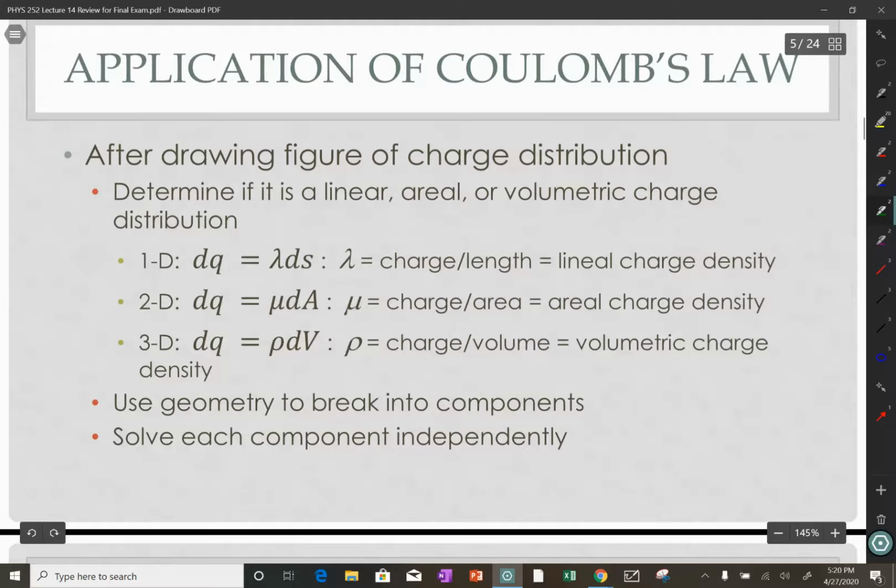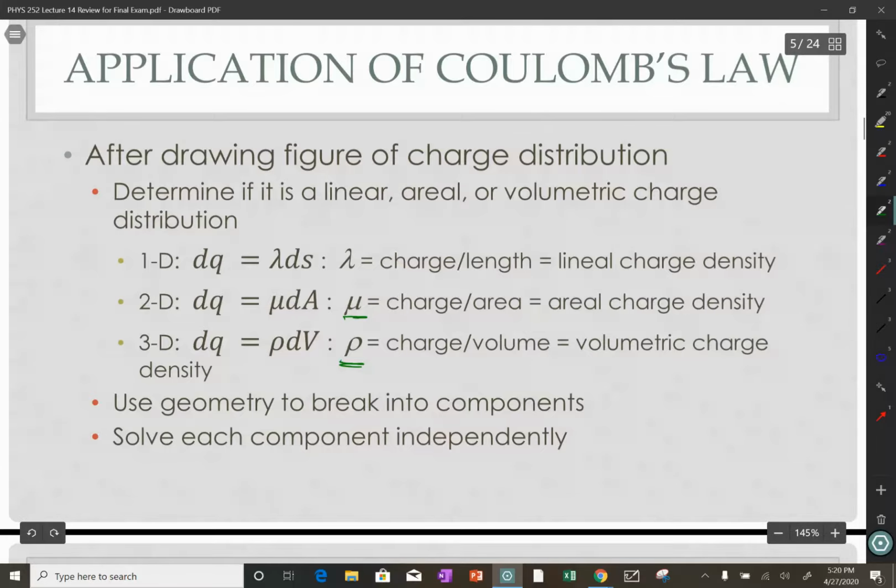If it's a two-dimensional distribution, as charge is distributed over an area, then dq is mu dA. And once again, mu does not have to be constant. And if it's a three-dimensional charge distribution, then dq is rho dV, where rho is your volumetric charge density.